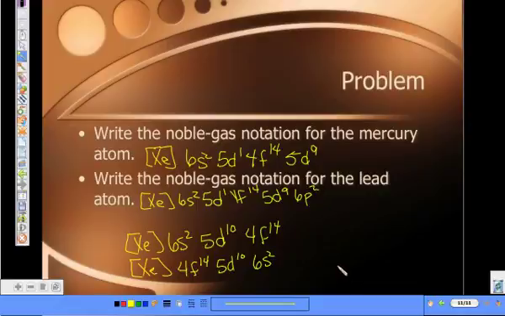And again, you could combine the D levels. You could write it in increasing energy level, whichever you like.